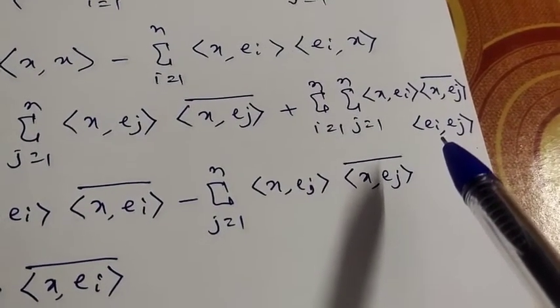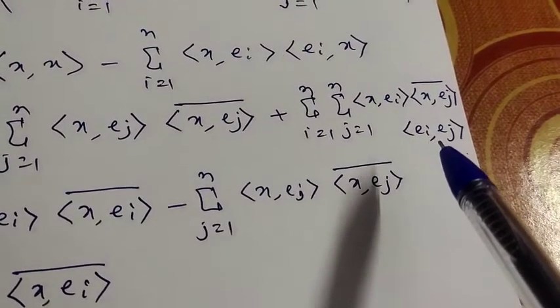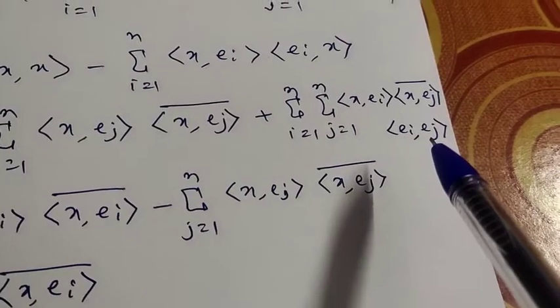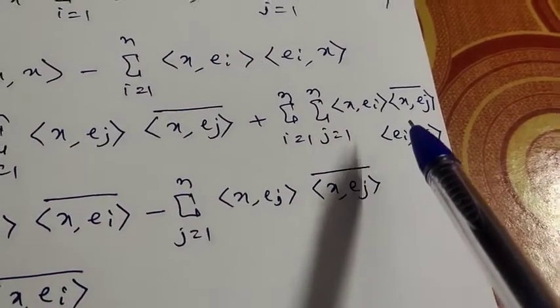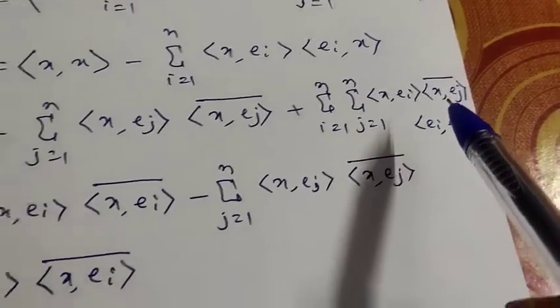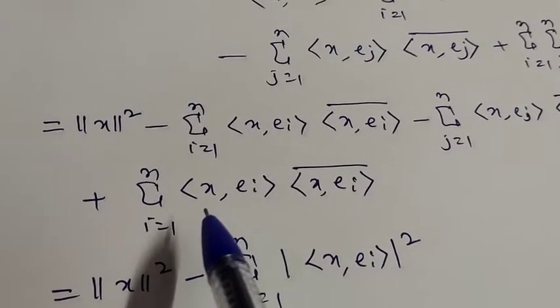Since the ei's are orthonormal sets, (ei comma ej) is 1 if i is equal to j and 0 if i is not equal to j. Therefore this term becomes (x comma ei) into (x comma ei) bar, that I write as it is.